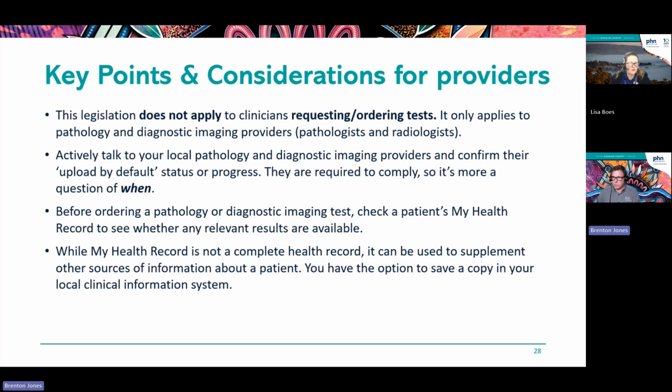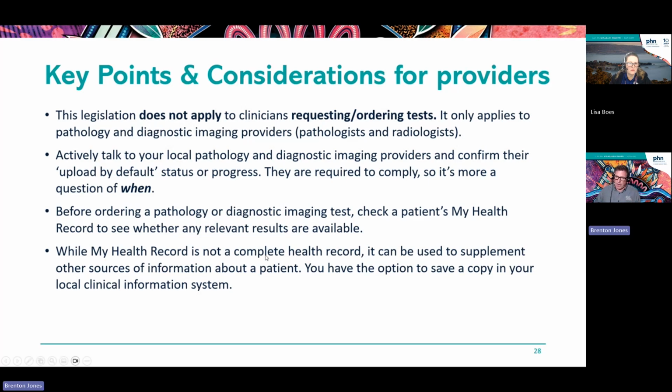Actively talk to your, if for example you're in those areas where you do use ACL, talk to them. Talk to your local diagnostic imaging provider and ask them, what's your status? Are you uploading by default? They are required to, so it's more of a question of when. Before ordering a pathology or diagnostic test, check with the My Health Record and just see if there are any relevant, more timely results available to consider.